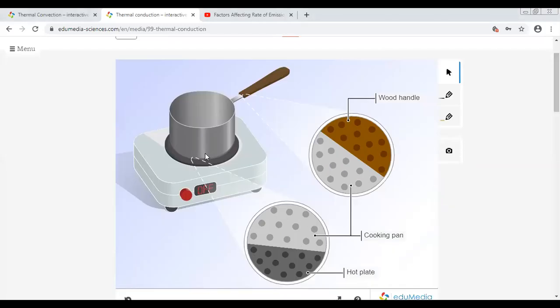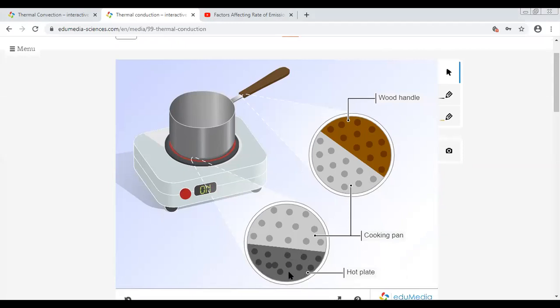We have a heat source, and we have here a hot plate and also a cooking pan, which is attached to a wooden handle. When we switch on the hot plate, see how the adjacent molecules start to gain more kinetic energy and they vibrate more.